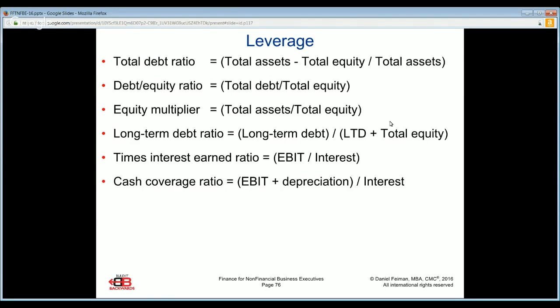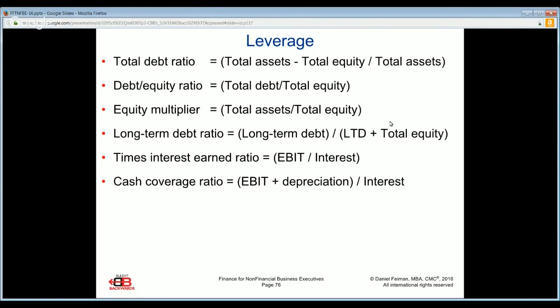Times interest earned, or TEI as it's abbreviated, is one of the first things that our lenders look at. Why? Because lenders want to be comfortable with the relationship between our operating profit, the EBIT, and the amount of interest we must pay them. What a banker looks for, one of the very first ratios they calculate, as soon as they look at the income statement, is this ratio.